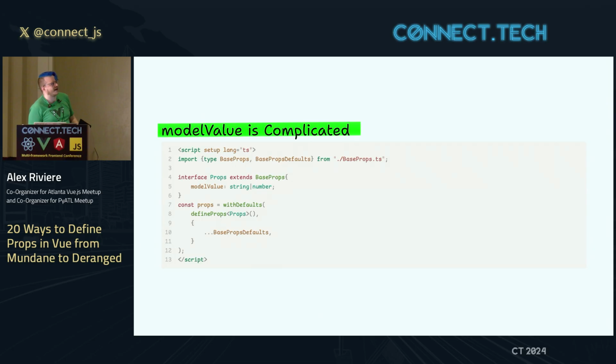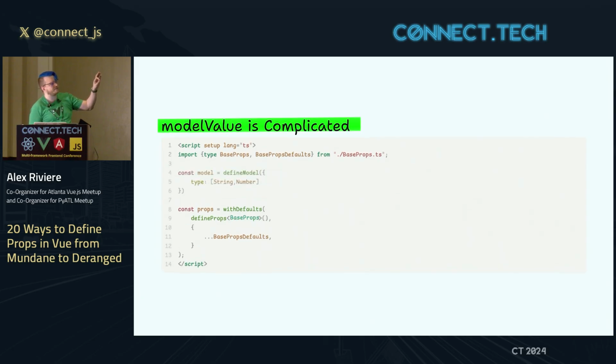We can. So this is our current, weird implementation of a bunch of props. We can simplify this a little bit by moving base props. We don't need to define our props type because we're not really doing anything with it. And we now call a thing called define model. Now, I believe define model is a compiler macro.